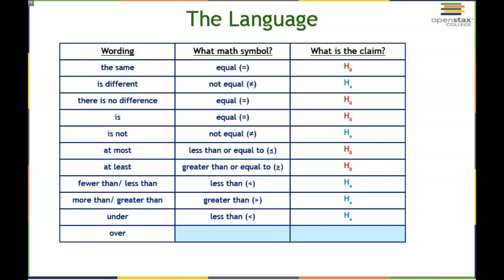There is over $1,000 in damage. Well, it's not $1,000. It doesn't equal $1,000. It's over that amount, and therefore it's more than $1,000 worth of damage, and therefore it's an HA. So really concentrate on the wording and translating that into math, and then writing the corresponding claim.